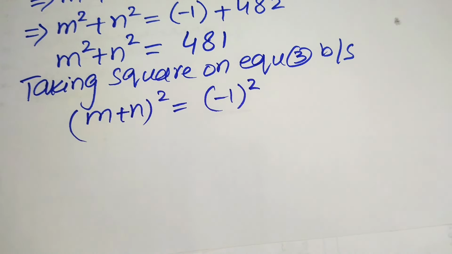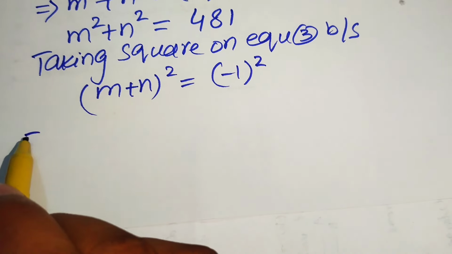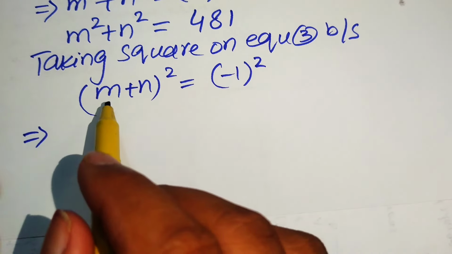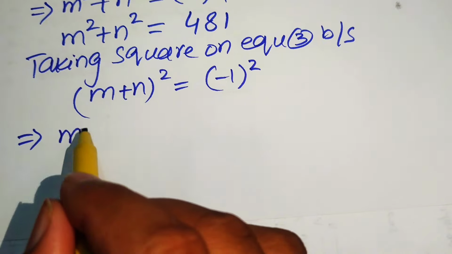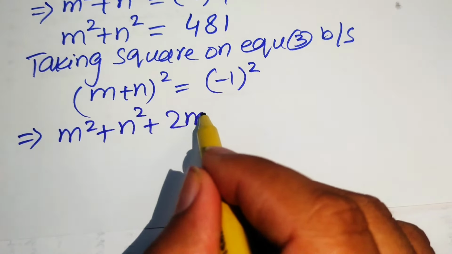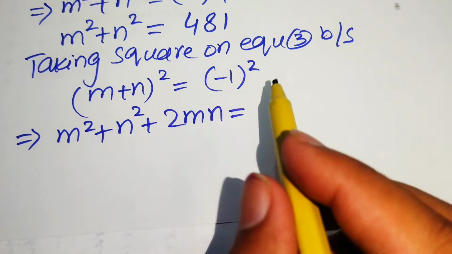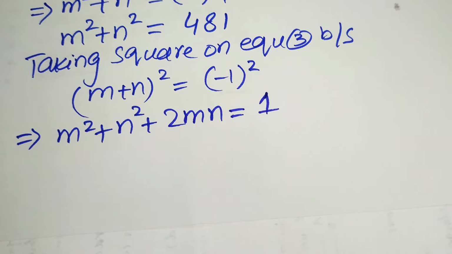We take the square on both sides of this equation. Now we know this very well known identity: it equals m square plus n square plus 2 times mn equals minus 1 square. So minus 1 square equals plus 1.